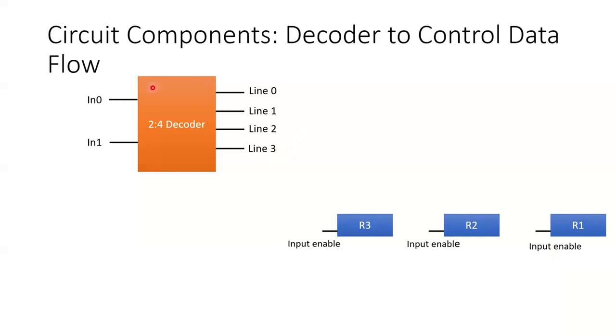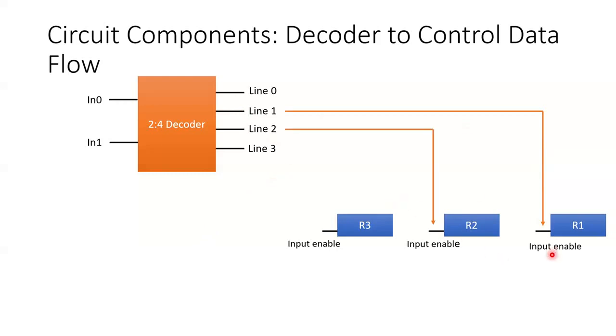Now we saw that if your input is 1 here, then your line 1 is on, right? So what we can do is connect line 1 to register 1's input enable. We can connect line 2 to register 2's input enable, and we can connect line 3 to register 3's input enable.